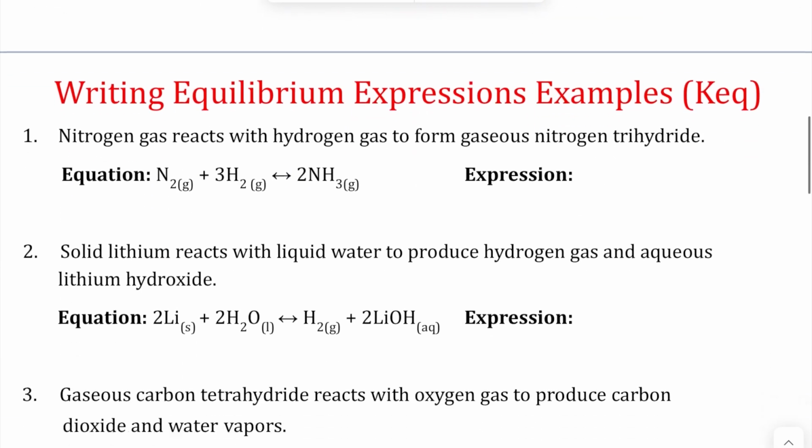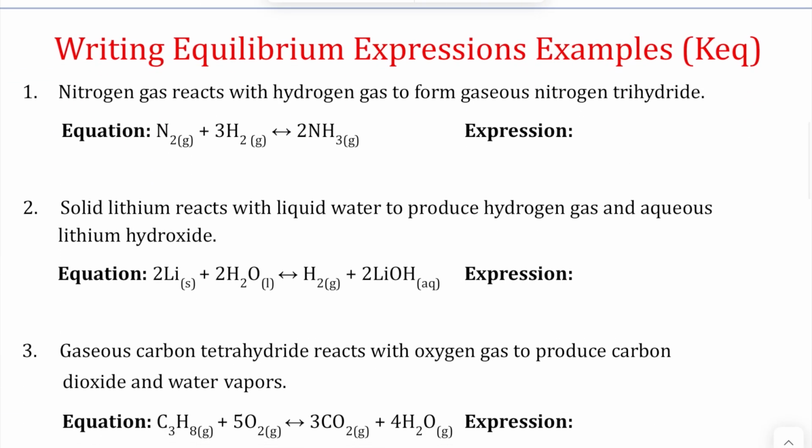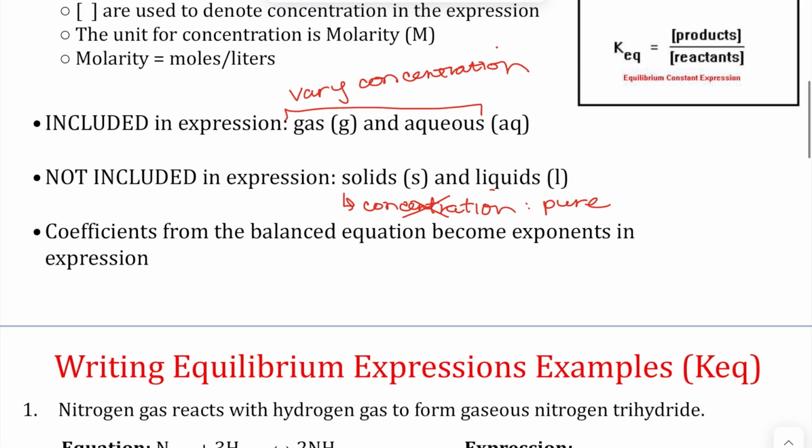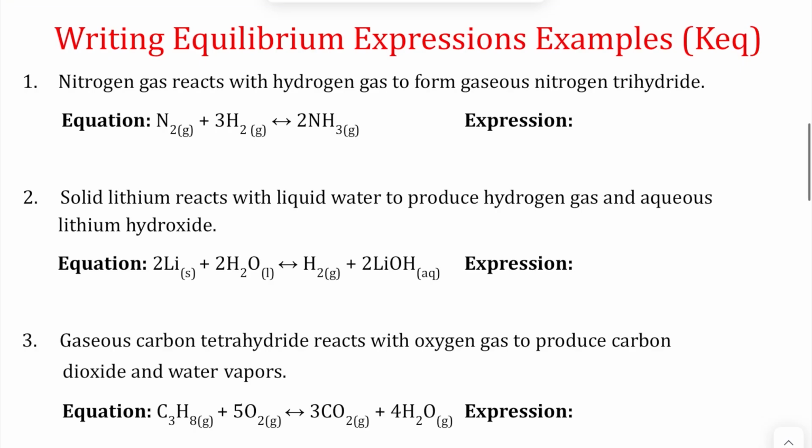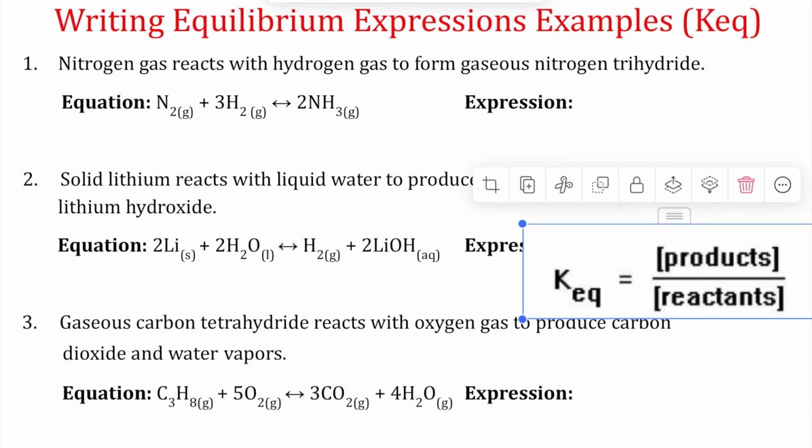So let's go ahead and look at this. We have some reversible reactions, and let's write those equilibrium expressions. Nitrogen gas reacts with hydrogen gas to form gaseous nitrogen trihydride. I have my equation here, I have my states of matter, and this is balanced. In order to write that KEQ expression, as a reminder, it is going to be the concentration of our products over the concentration of our reactants.